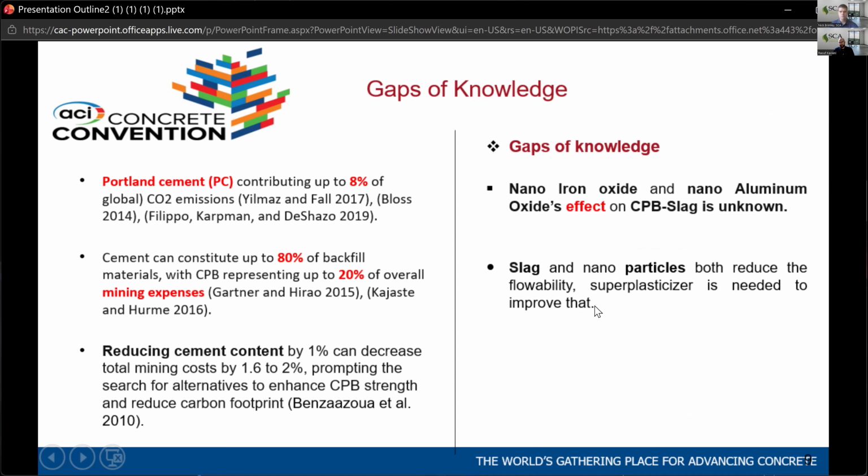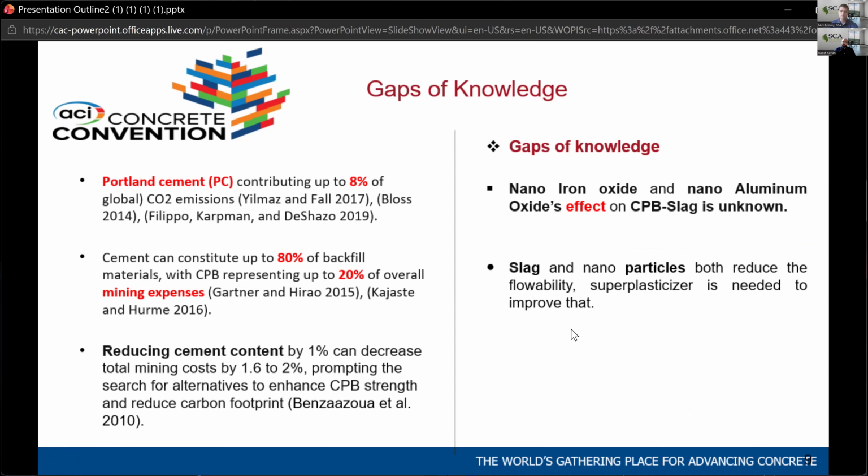Slag and nanoparticles both reduce the flowability, and I use superplasticizer to increase the workability or flowability. When you use slag, it balances out the effect of nanoparticles, which decrease the hydration time really fast.